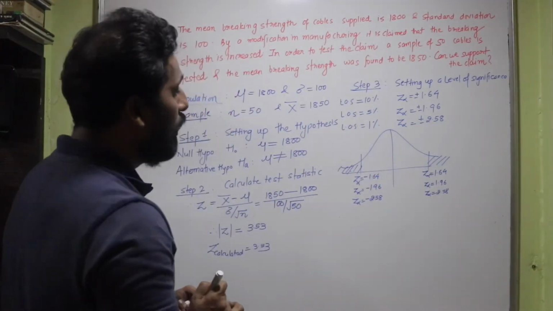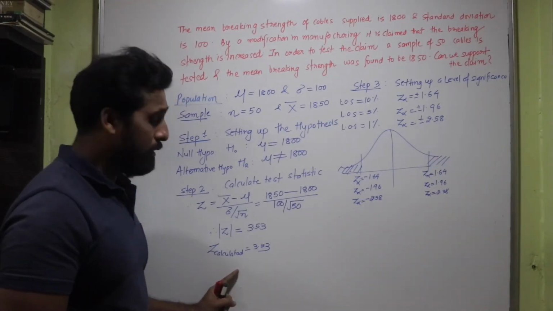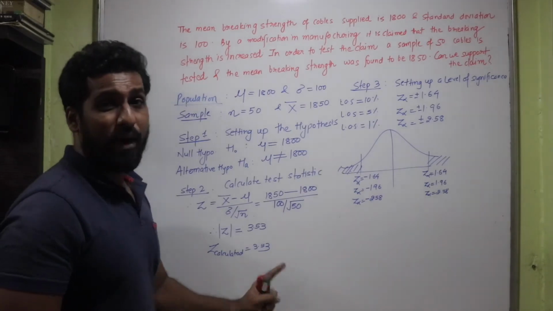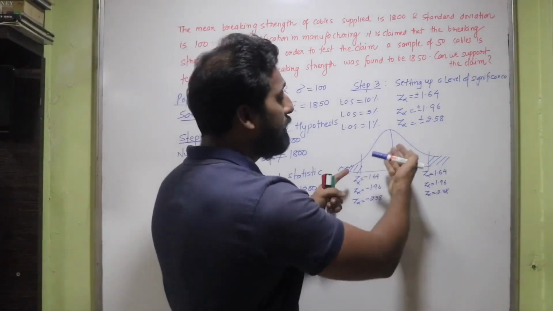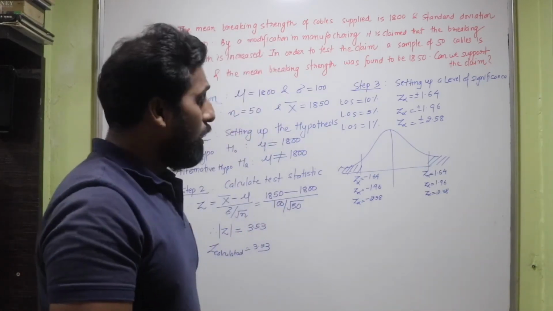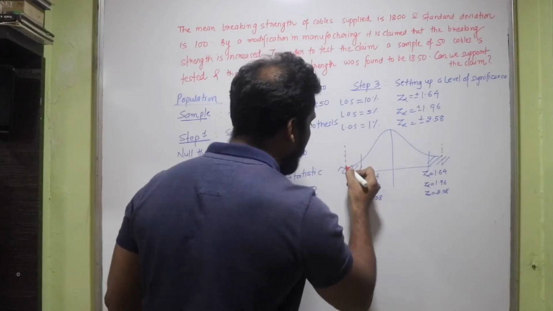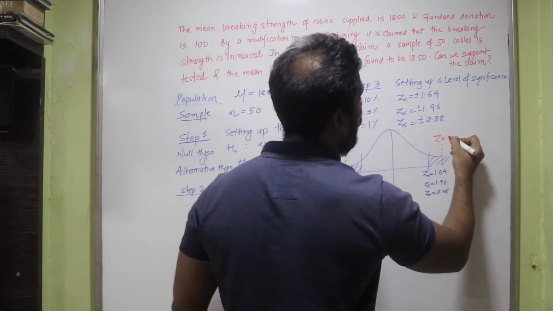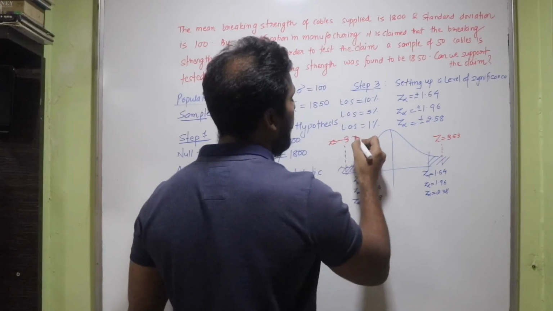And what is the value of Z that we have got from the calculated part? The Z calculated is 3.53. So obviously 3.53 is a value which is definitely going to lie in the rejection area, isn't it? This is where 3.53 is going to lie. So Z equal to positive 3.53, and this is Z equal to negative 3.53.